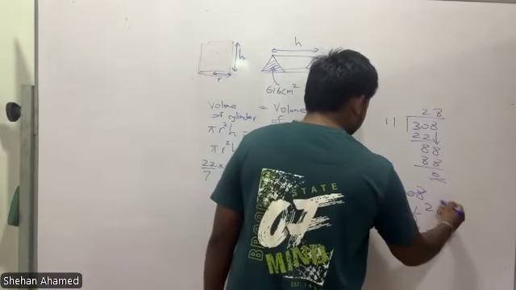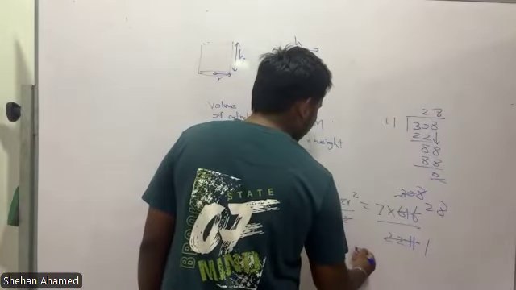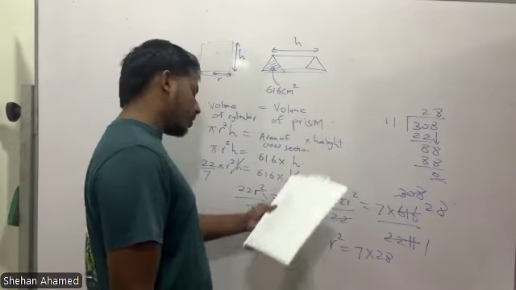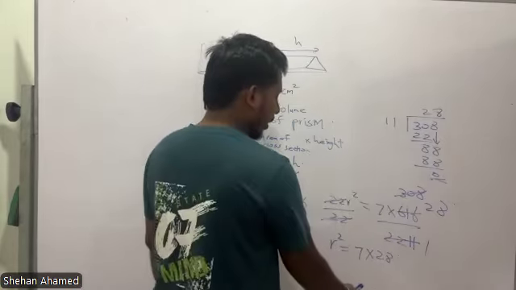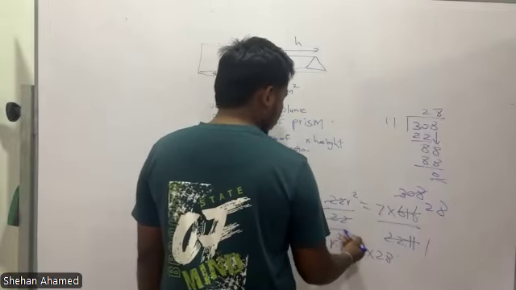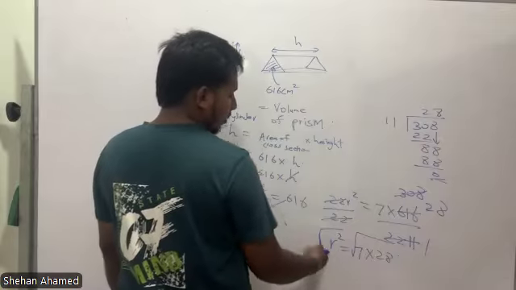Very good. Okay. R squared is equal to 7 times 28. What you can do is simplify this by putting a square root.